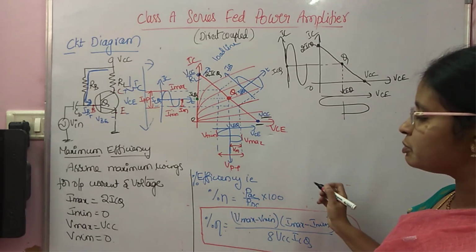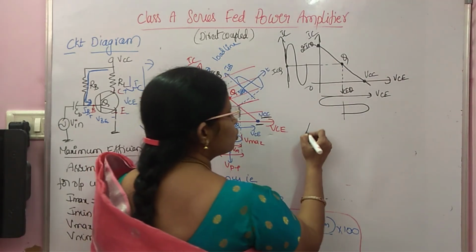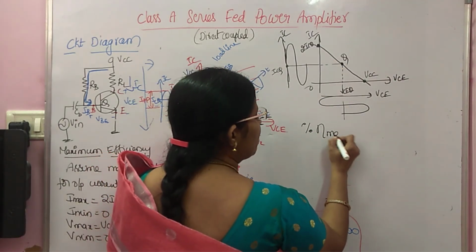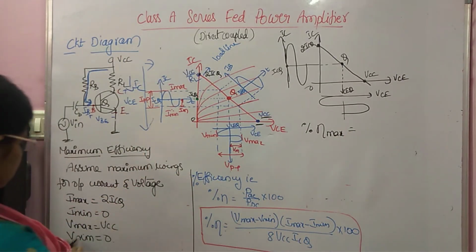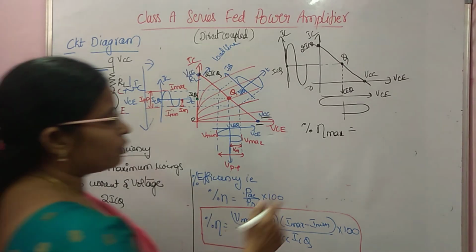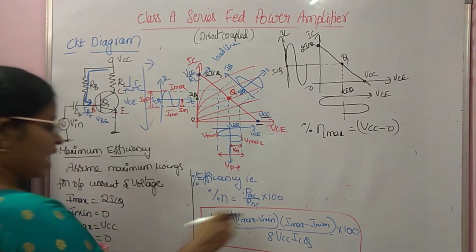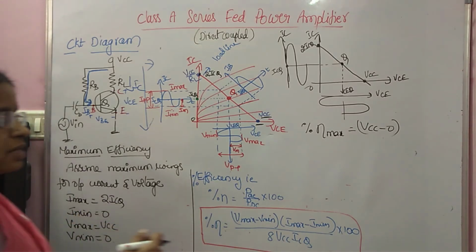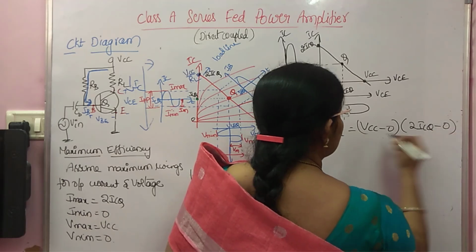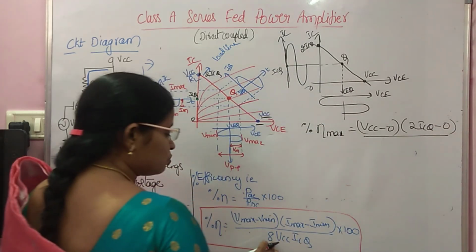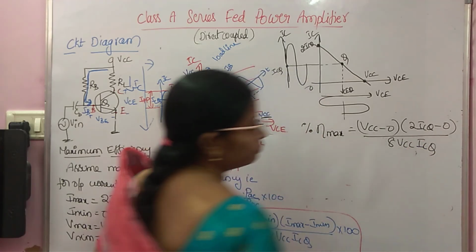Now, to find the maximum efficiency, substitute all these values into this expression. So percentage eta max, that is maximum efficiency, is equal to Vmax is VCC and Vmin is 0, so VCC minus 0. Then Imax is 2ICQ and Imin is 0, so 2ICQ minus 0, divided by 8 VCC into ICQ.